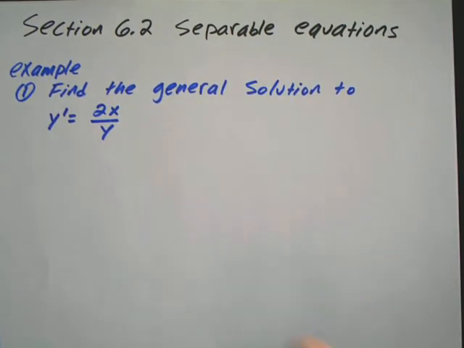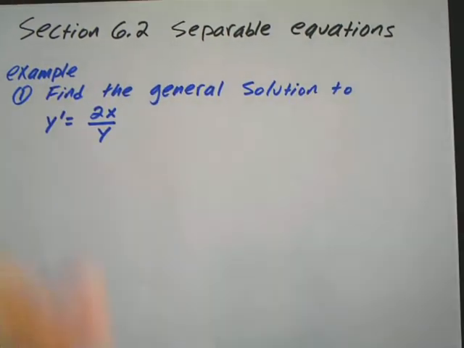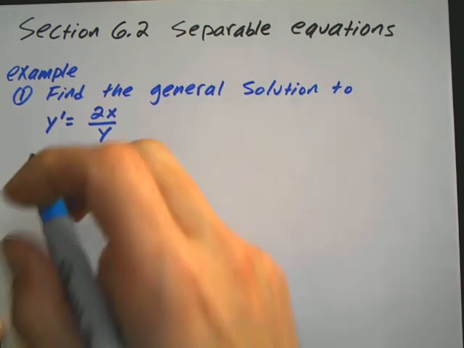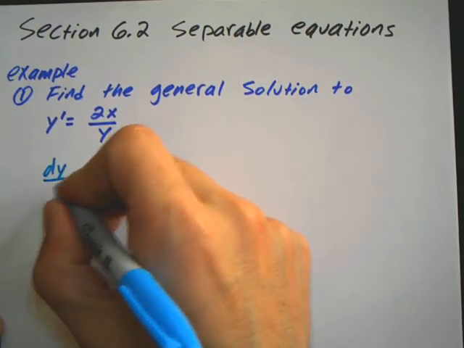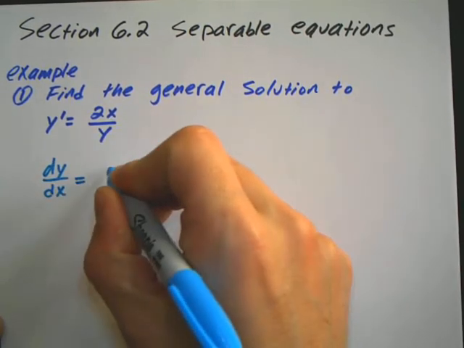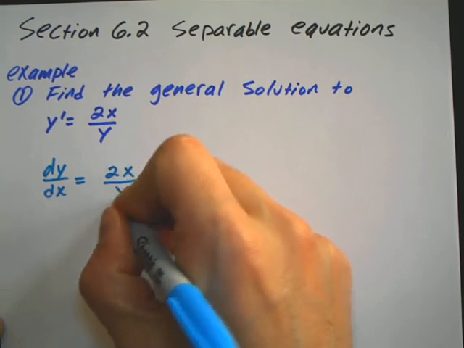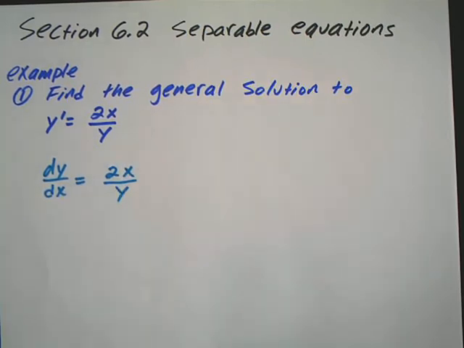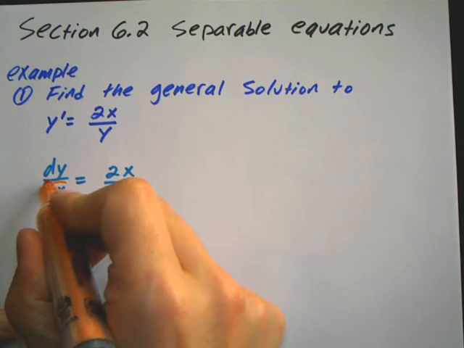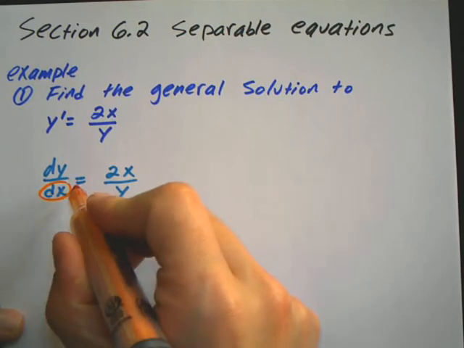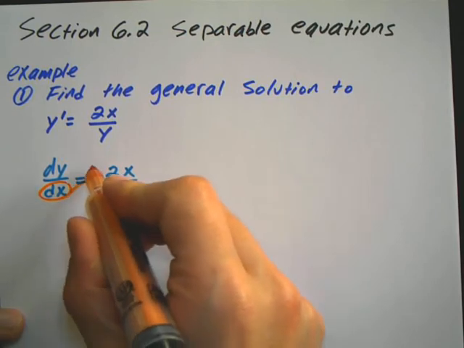The first thing I want to do is rewrite this. Instead of y prime, I'm going to write this as dy dx, and it's going to be 2x all over y. So you can kind of think of this as a fraction. And what you want to do is get all the x terms with the dx. So I'm going to think of this dx and multiply it over.